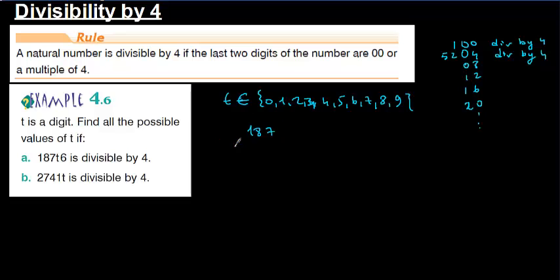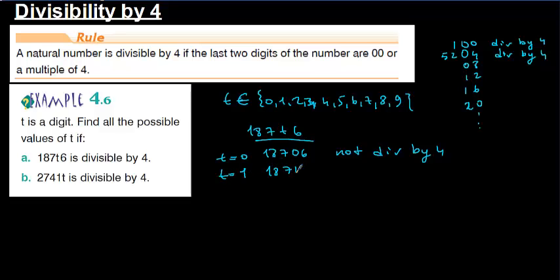Here 18,7t6. If t is equal to 0, it's going to be 18,706, and this number is not divisible by 4. If t is equal to 1, 18,716 is divisible by 4.